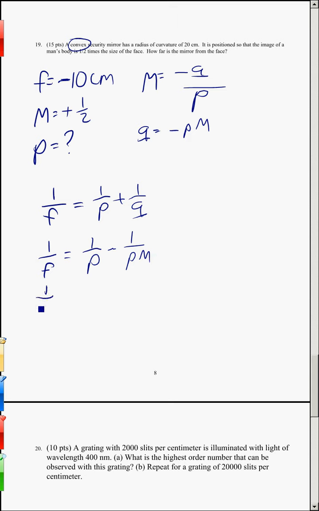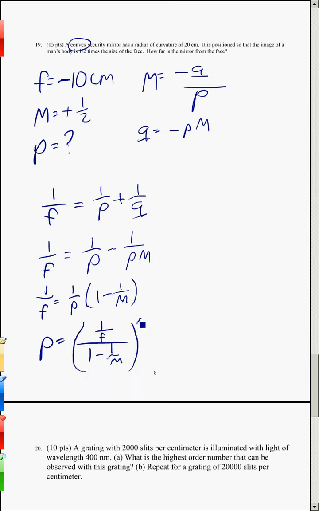I'll factor out a 1 over P. Solving for P, P is equal to 1 over F over 1 minus 1 over M. Inverse of that. That's equal to 10 centimeters. So that's the final answer. 10 centimeters is the answer.